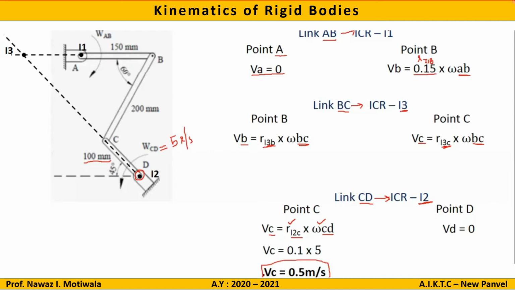Then next step. What is next step? Next step is to find out I3B and I3C. So I will consider this entire triangle, I3CB triangle. In this triangle, this length is given to me as 200 mm. That means one side of the triangle is given.